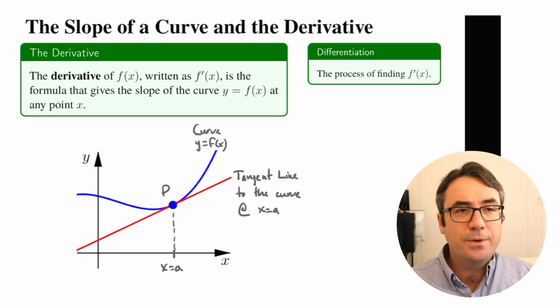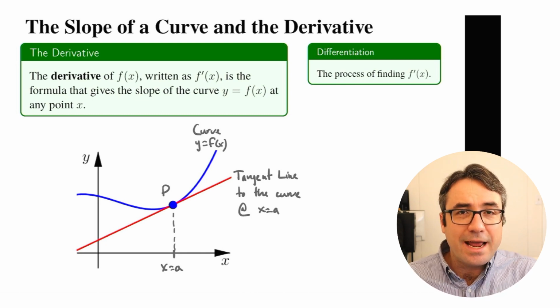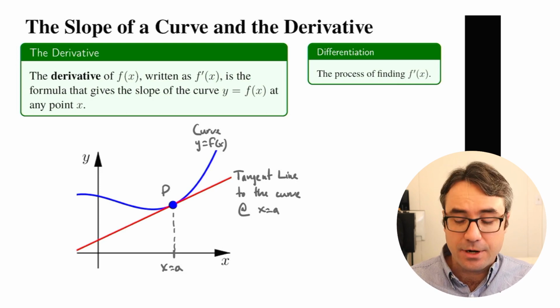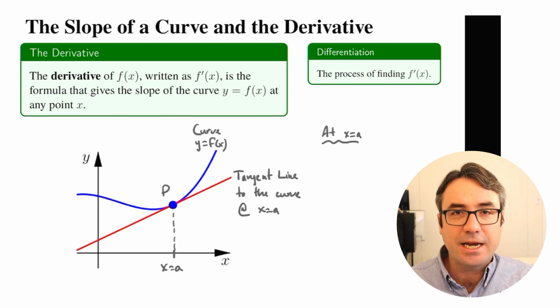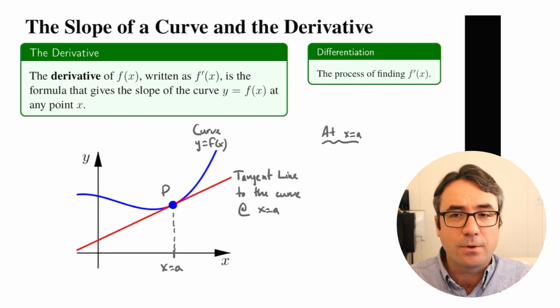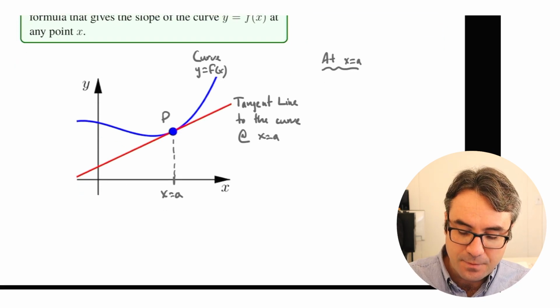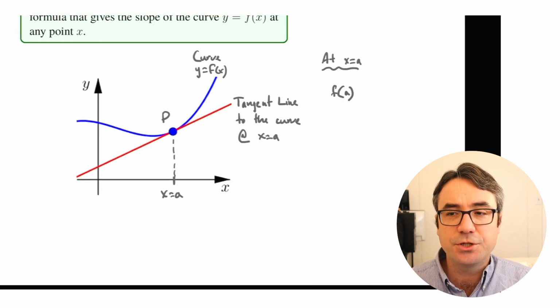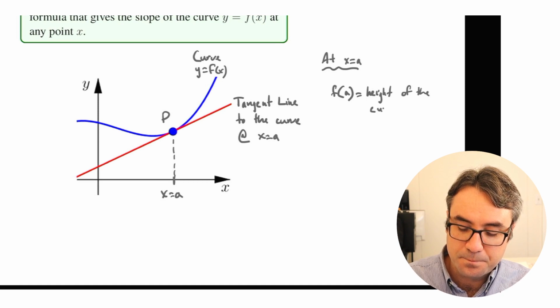When we start talking about the derivative and the function, we're going to have two different functions to consider now, and it's going to be helpful to keep track of what each of these is telling us. At x equals a, where a is just some specific number, we have our function f of a. If we plug into the original function, f of a tells us the height of our curve at x equals a.